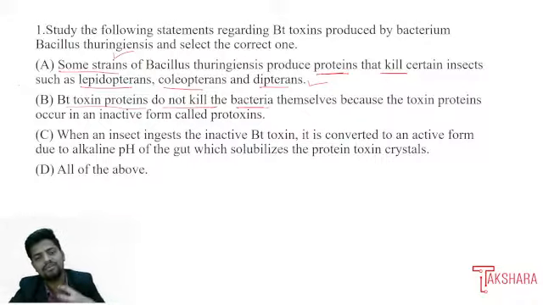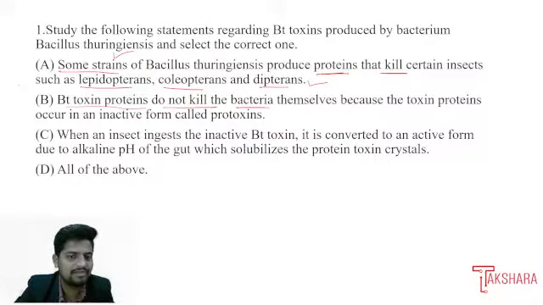The protein produced by the bacteria will not affect the bacteria, because the protein produced by the bacteria is in a completely inactive form. So that protein is always in an inactive form. Okay, and that inactive protein we call a protoxin.